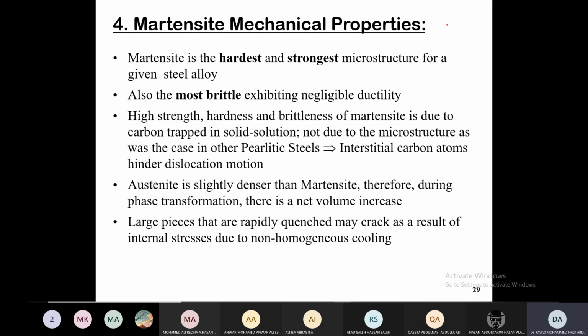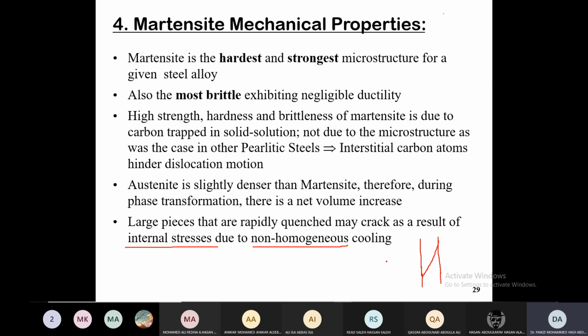For example, why does this non-homogeneous cooling cause internal stresses in the material? If you have a material with a certain thickness, and let's say this part has low temperature, T1, and that part has high temperature, T2.